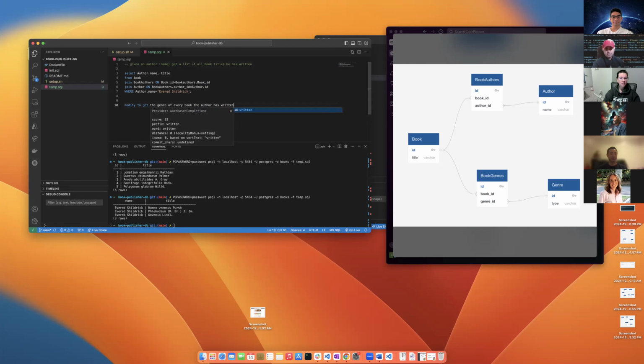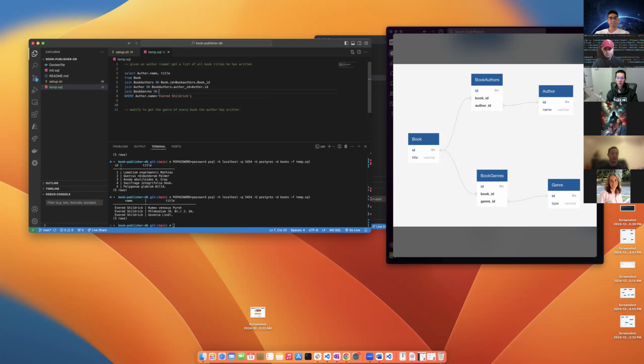So I would add another join there on line 7. Join book genres on book dot ID equals book genres dot book ID. You might have cut out. What was the title of the table you wanted?